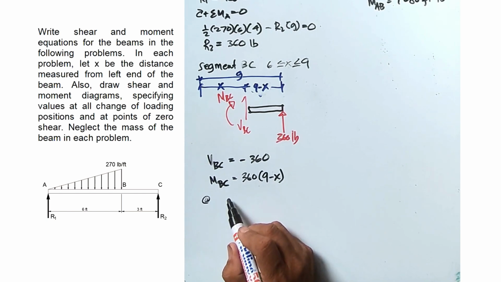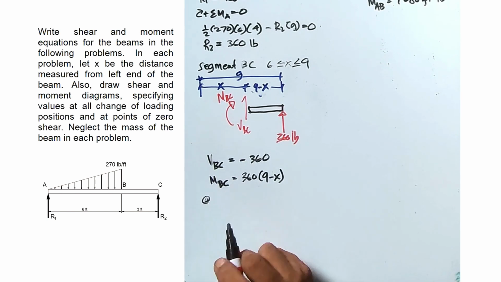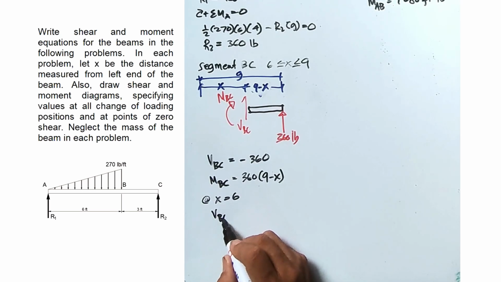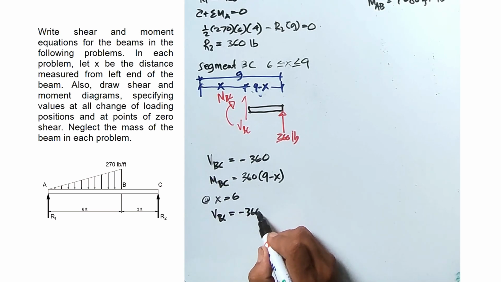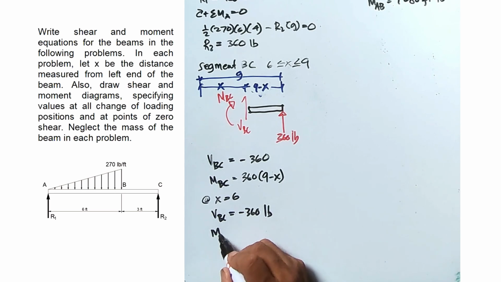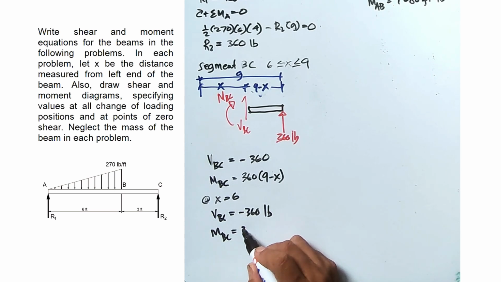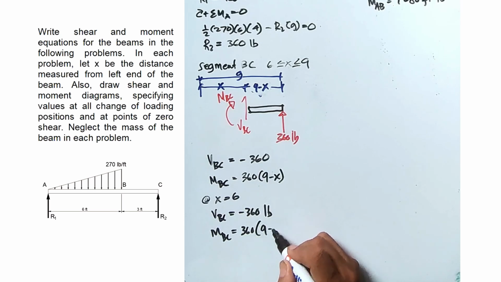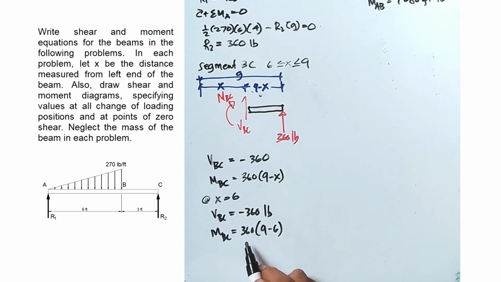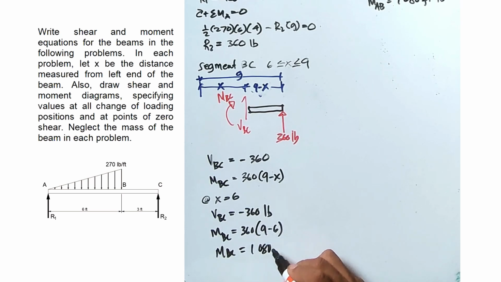At x equals, let's start with x equals 6. So our shear BC is still the same, 360 pounds. Our moment BC is 360 times 9 minus 6, or that's 360 times 3. So moment BC is 1,080 foot-pounds.